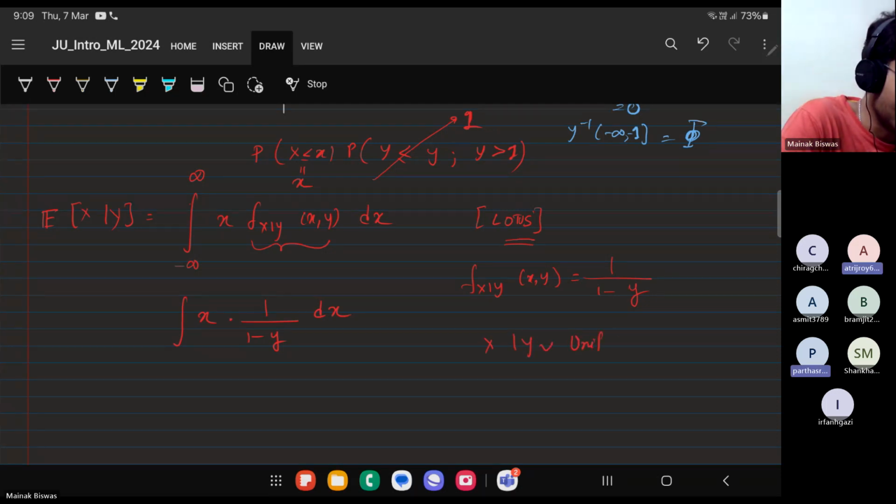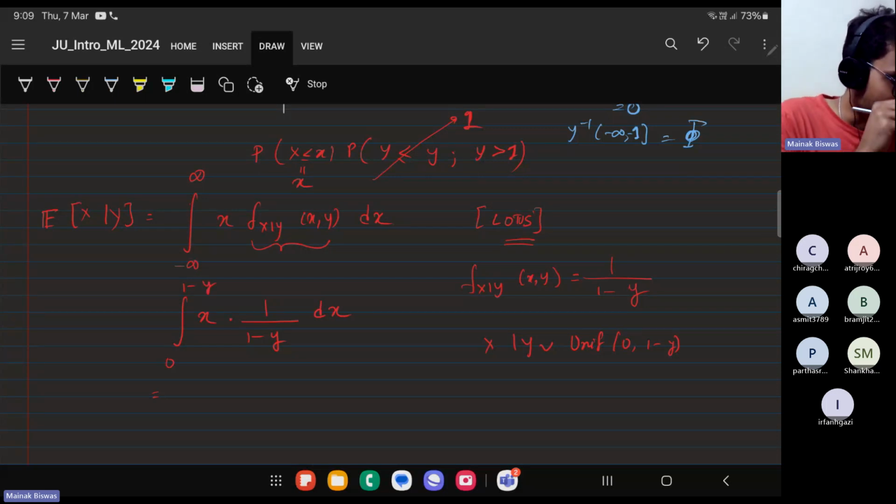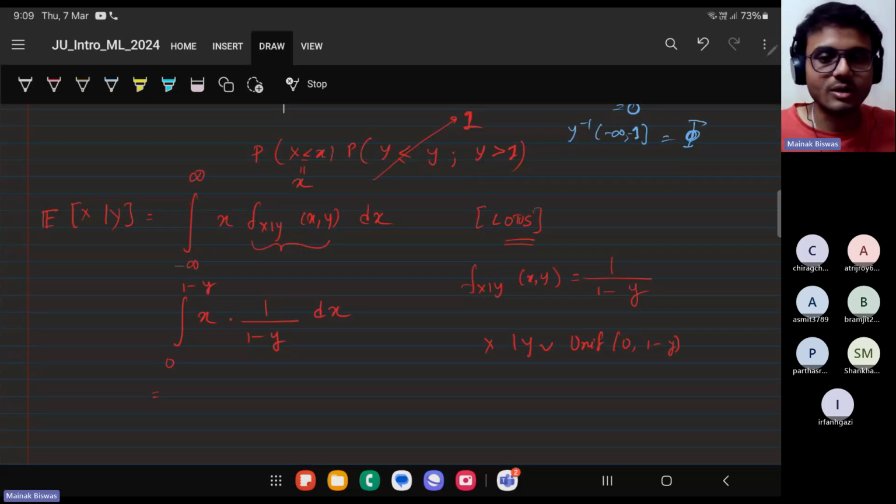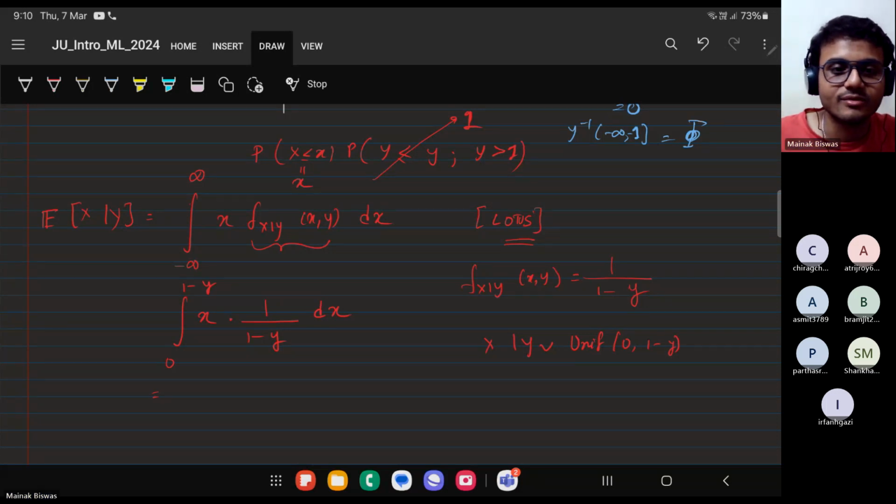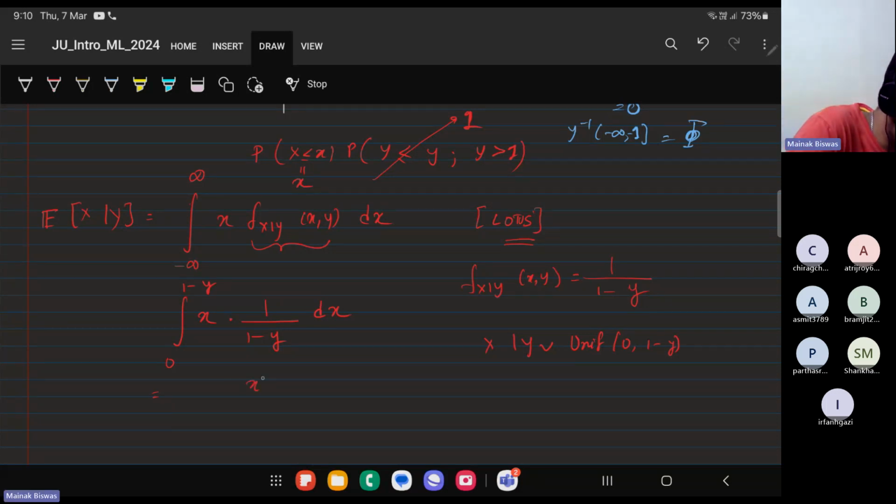Uniform 0 to 1 minus y. Very good. Check the distribution, check its 1 minus y range. It should be 1 minus y. Okay, there are repeated typing mistakes, but understand the idea. So next, what will happen? X square by 2, or 1 minus y square. Understood?